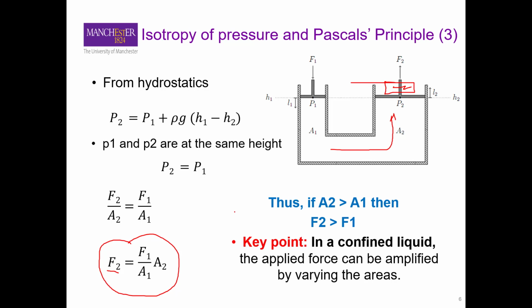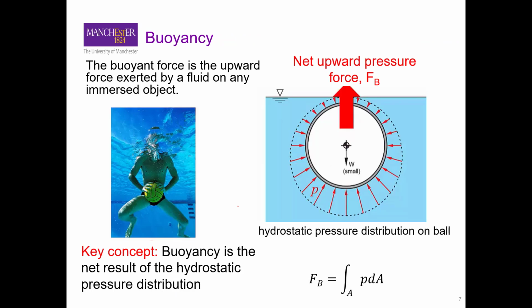Now let's look at another important principle, that is buoyancy. Fundamentally it's more physics than engineering, but it actually has a lot of significant applications in engineering as well. So let's look at it. Buoyancy is a force in the upward direction exerted by the fluid on any immersed object.